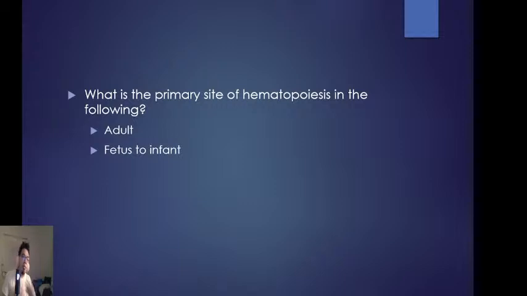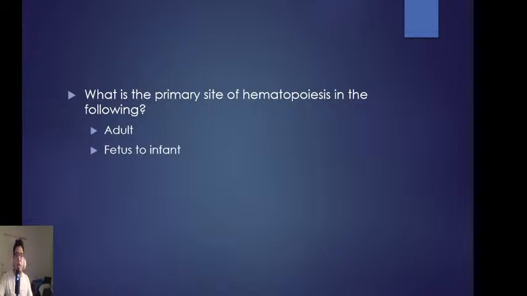The cells divide several times, and it will form what we call blood islands. In the blood islands, we're going to call it the yolk sac. The earliest stage, the yolk sac stage, is going to be the site of hematopoiesis in what we call the blood islands.